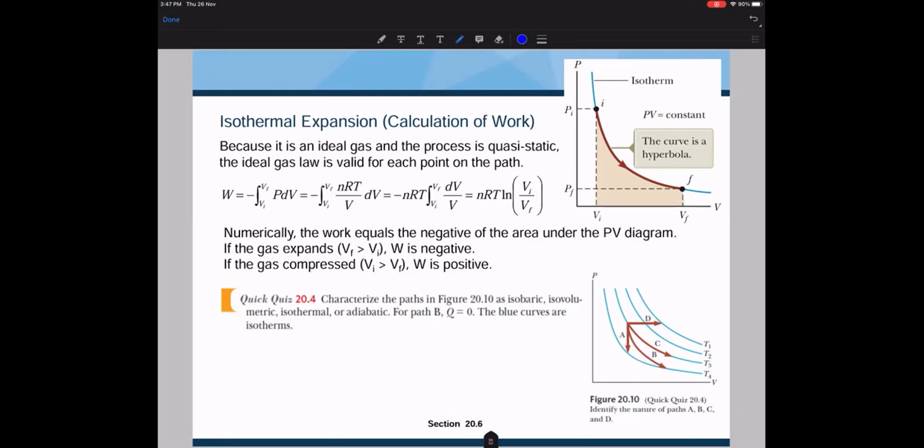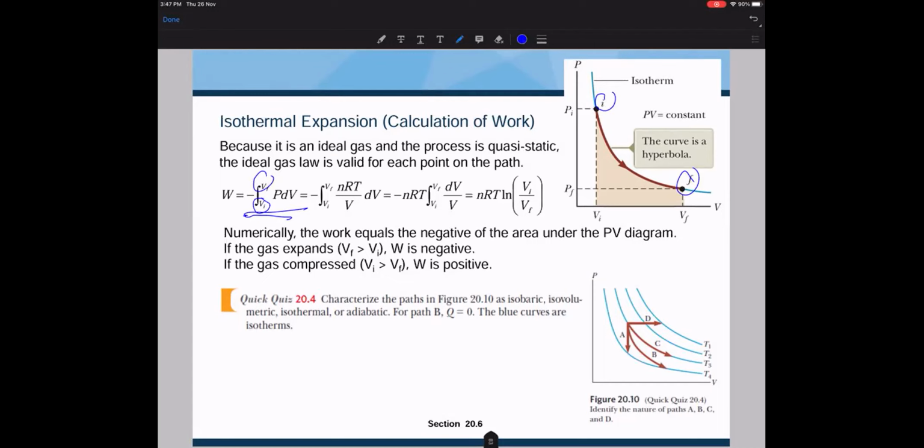Here's just to show you how it is done. Remember, if you have an initial state and a final state, the work done in calculus form is minus P dV, integrated from the smallest volume to the largest volume.